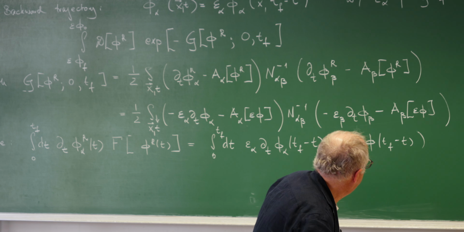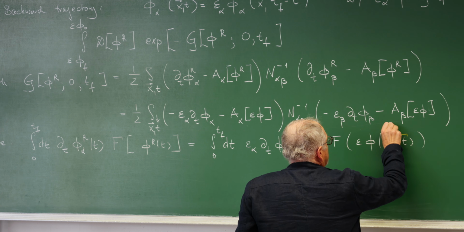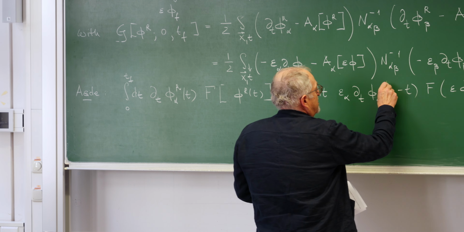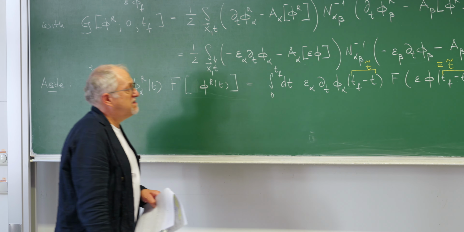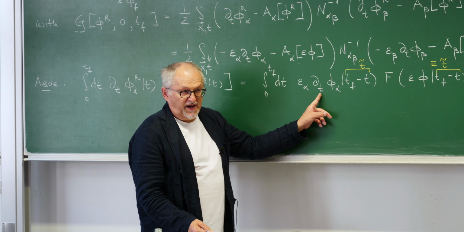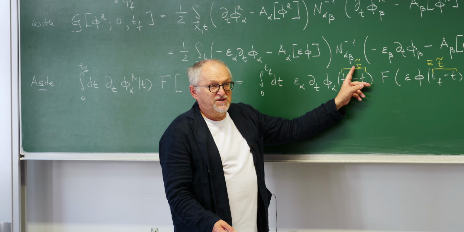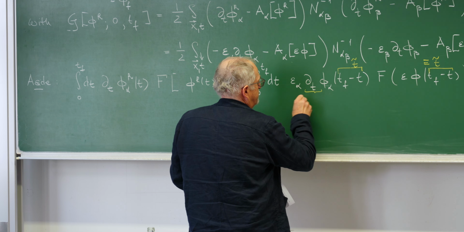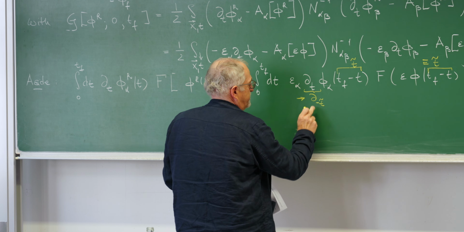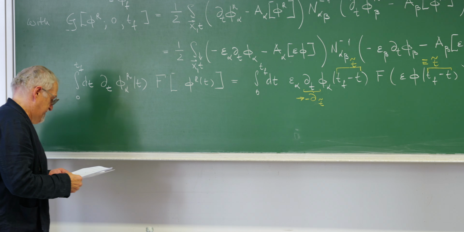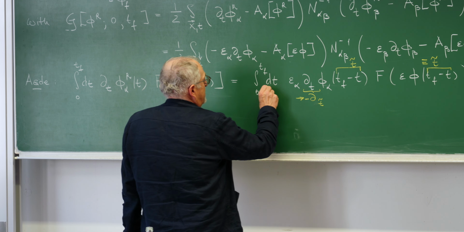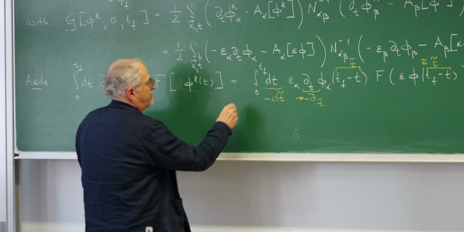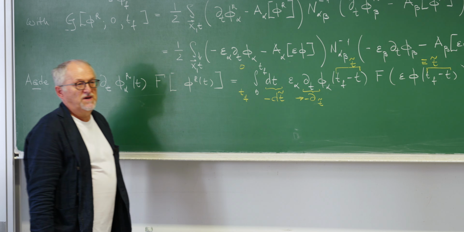I'm now renaming things. So let me call this here then t twiddle. If you do so, then this here is also t twiddle, right? The same thing. But now the derivative with respect to time, you have to translate to a derivative with respect to t tilde, which is then dt d minus t tilde. Right? Or like so, same thing. If you look here, this then gets an integral over minus dt twiddle, but you also have to revert from tf to 0 if you do so.